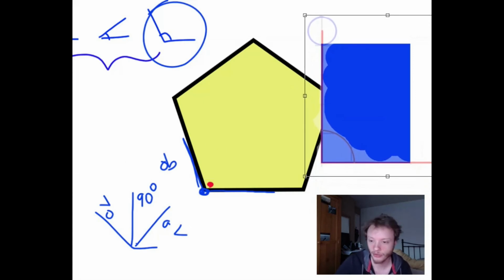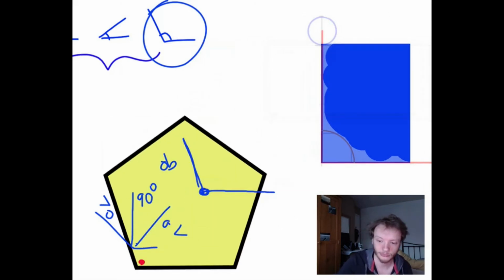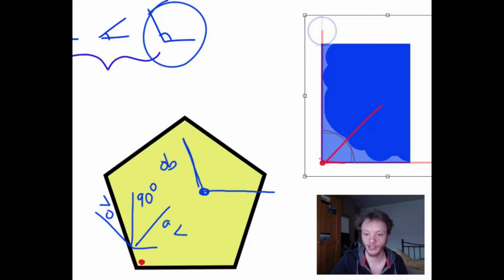I match them in the corner, so I've lined up the bottom edge. I can see it's 90 degrees, they perfectly match. In terms of an acute angle, you would see it on this side here. So when you're identifying angles in shapes, you could use an angle finder, which is a 90-degree angle that you can use as a reference to help you.